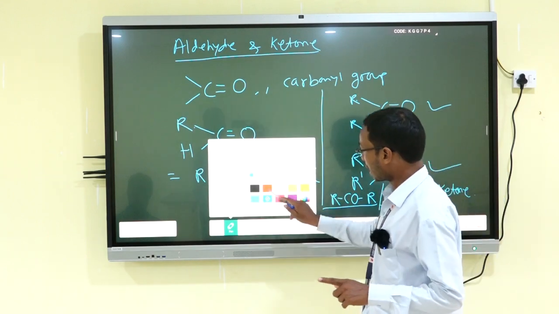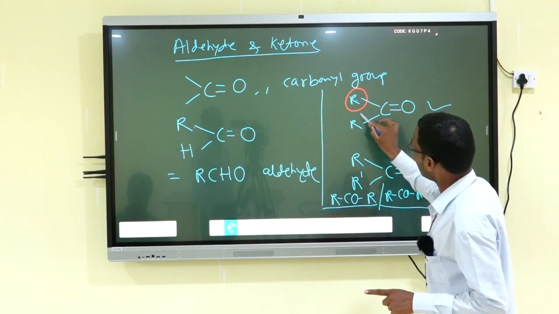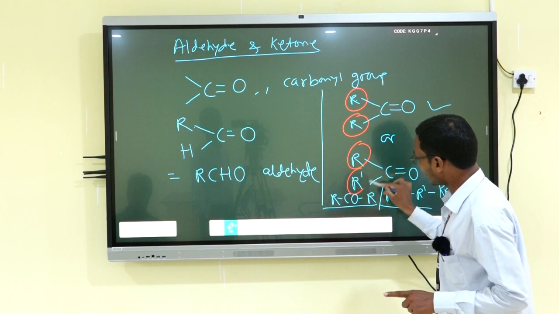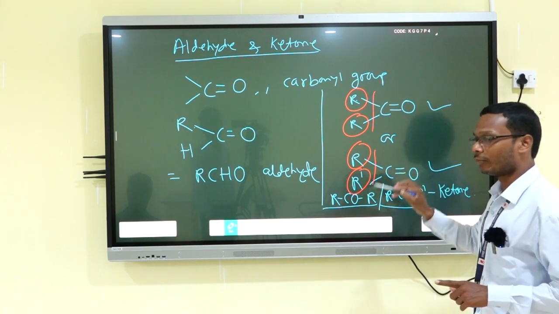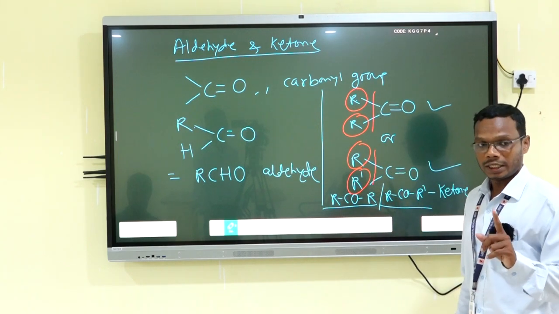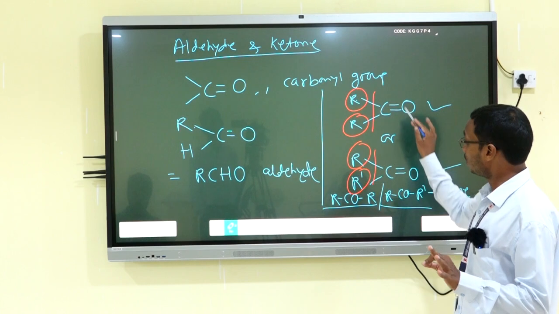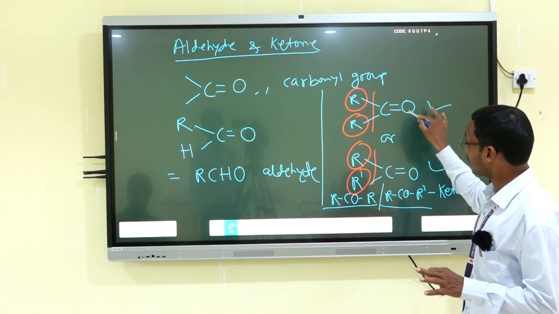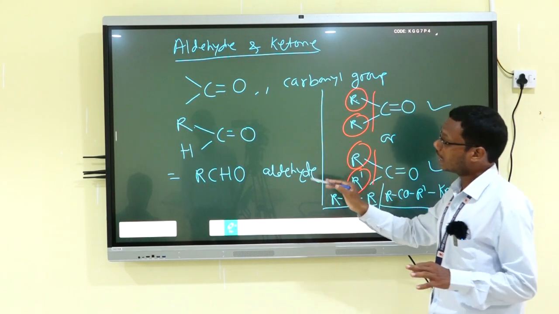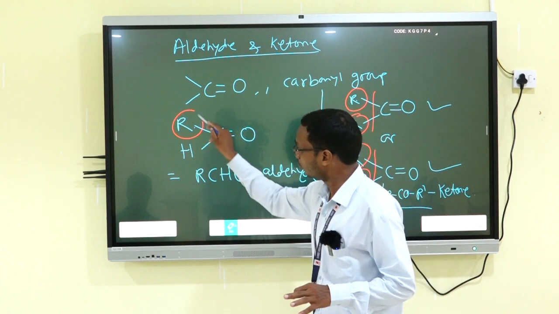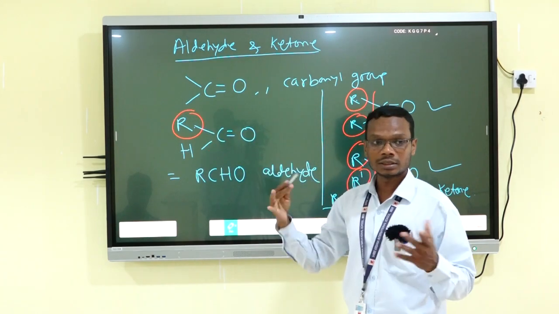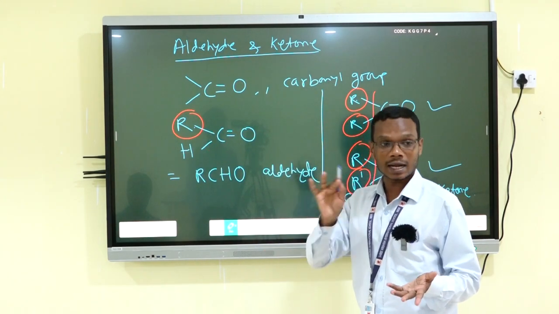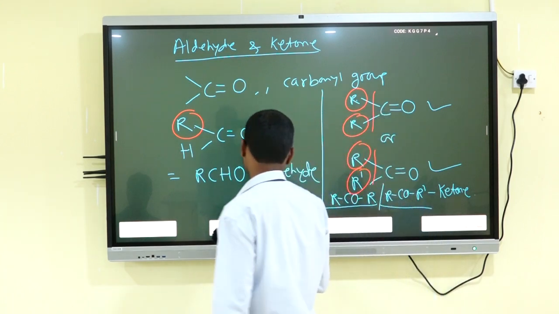These are alkyl groups. So it is confirmed that when there are two alkyl groups in a carbonyl compound, that is ketone. When there is only one alkyl group in a carbonyl compound, that is aldehyde.